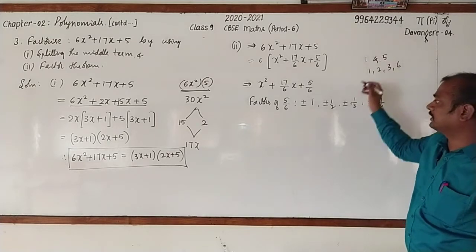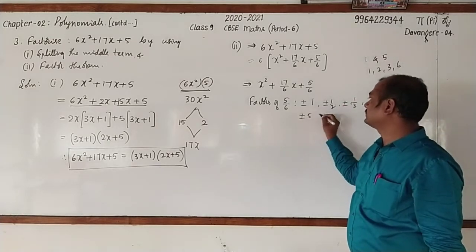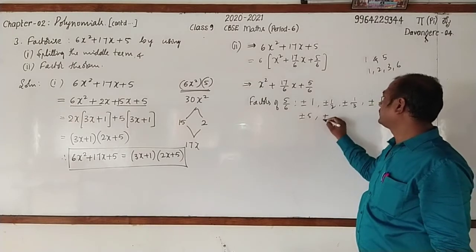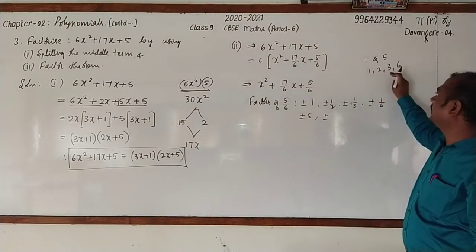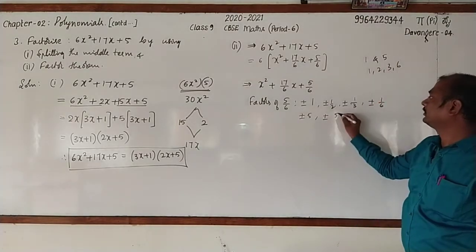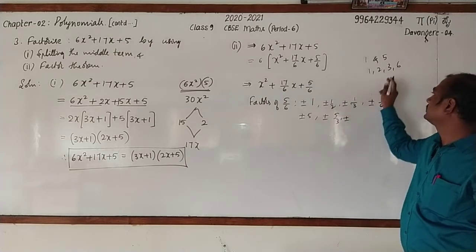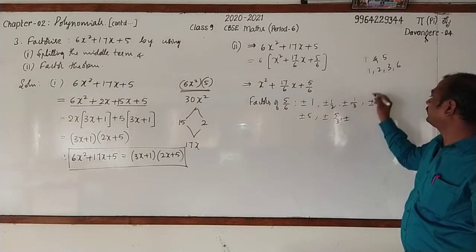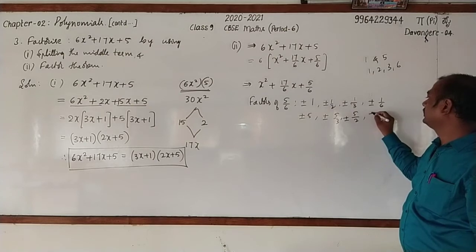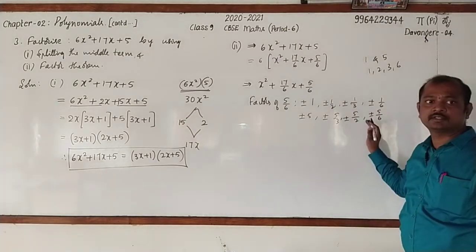Similarly, here 5 is there. It is plus or minus 5, plus or minus 5 by 3, plus or minus 5 by 2 and plus or minus 5 by 6.